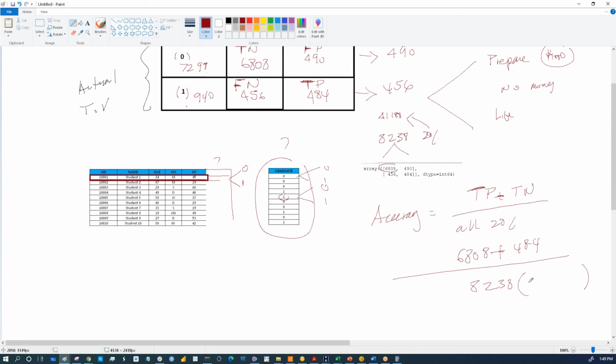Total record 20%. 8 plus 8 plus 490 plus 456 plus what? 484. Please do the math and give me the value. 0.89. What is it? 0.89, or 89%.